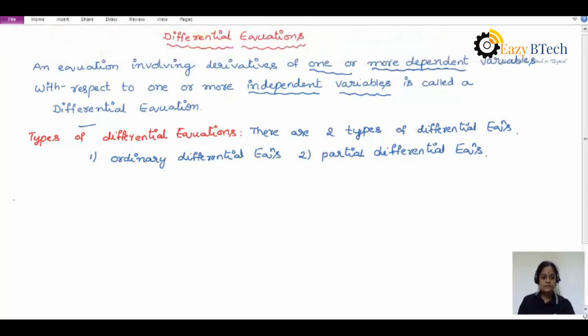So what are ordinary differential equations?